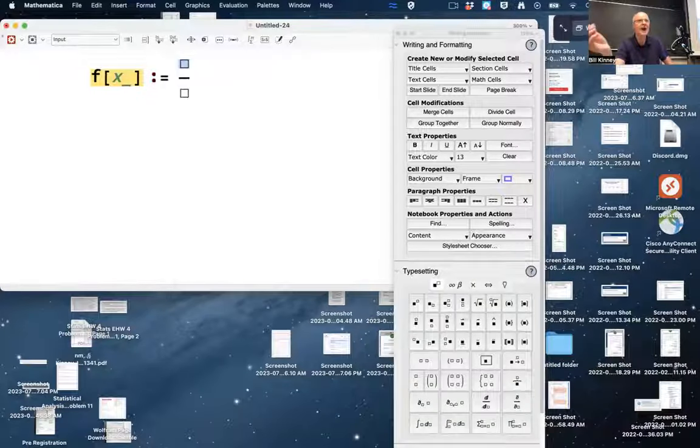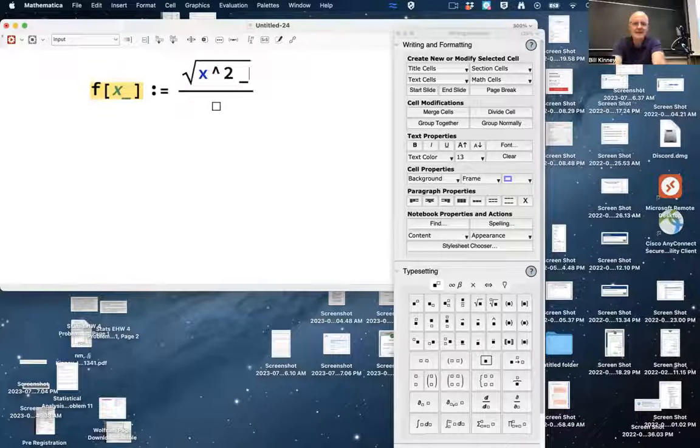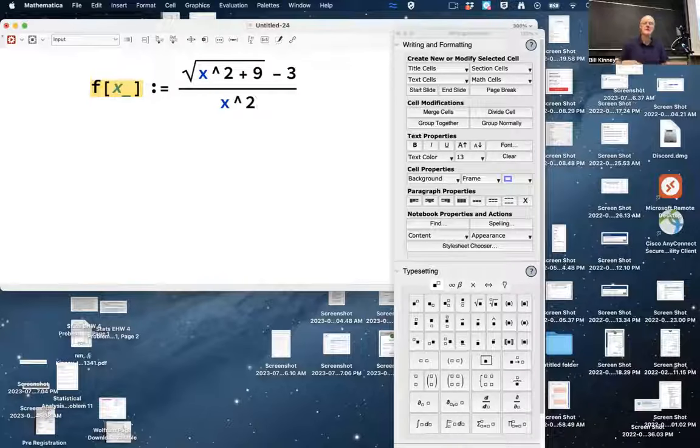I just click the fraction button there. I also see a square root button. That's kind of nice. X squared plus 9, tab over, subtract 3, and then divide by x squared, just like you'd type it into a calculator.